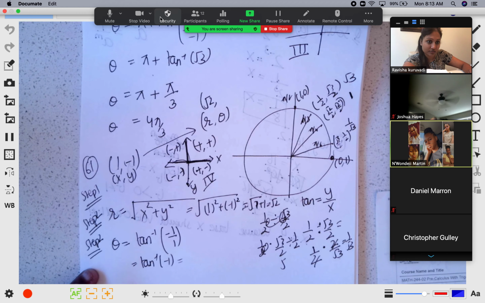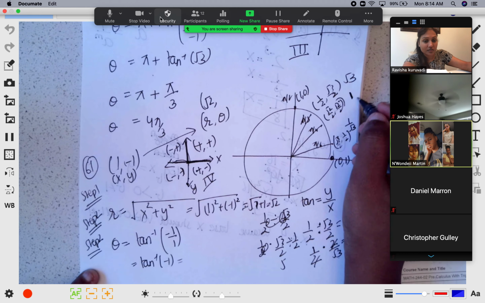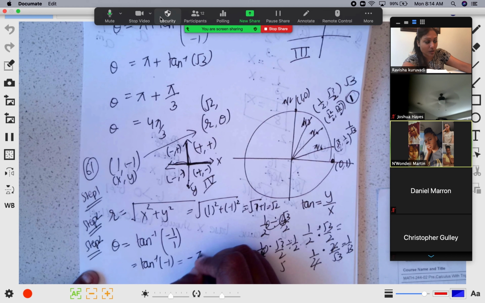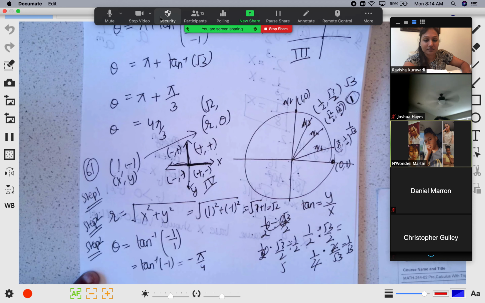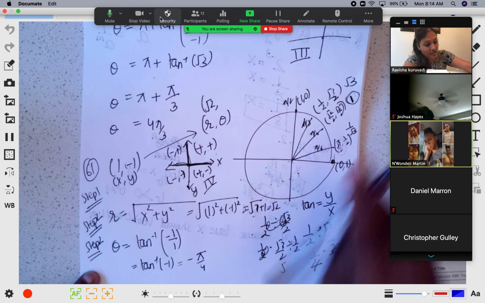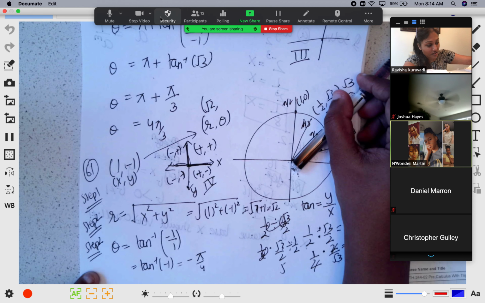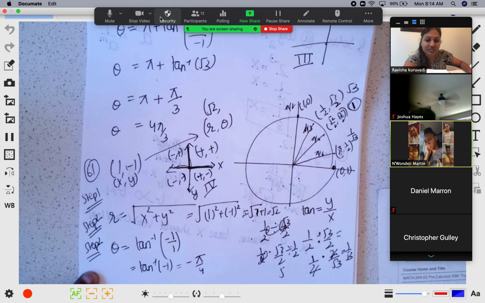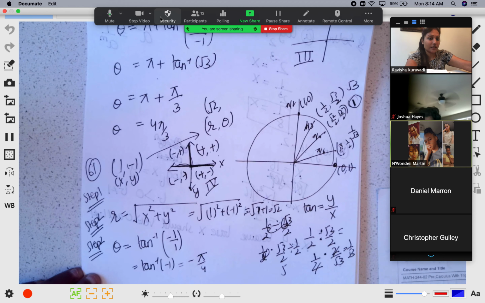Tangent is 1 for pi over 4. So it becomes negative pi over 4, because we are in the fourth quadrant. On the unit circle, if pi over 4 gives me 1, negative pi over 4 will give me -1. Got it.